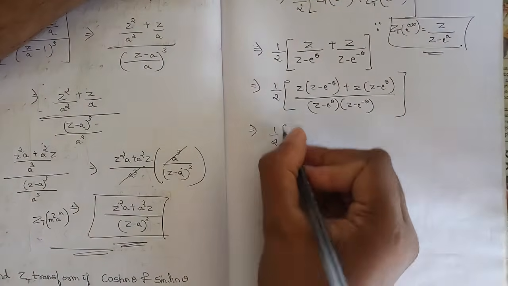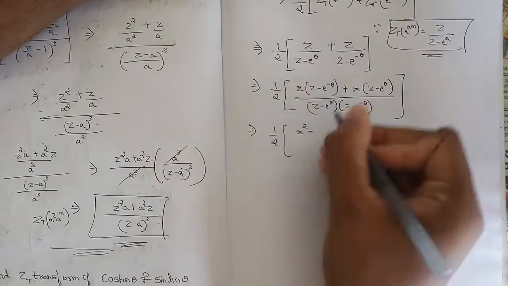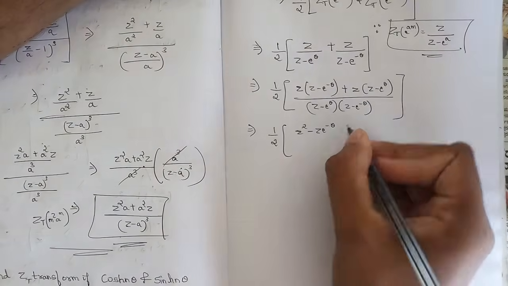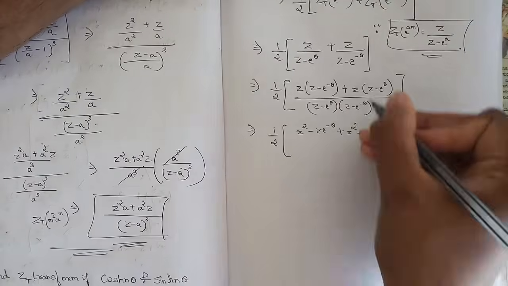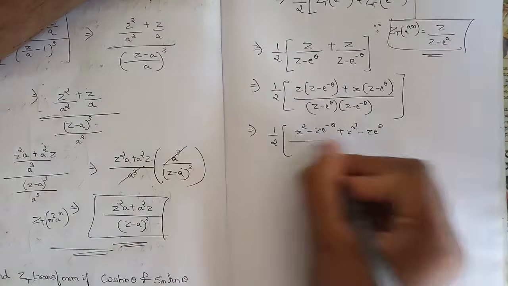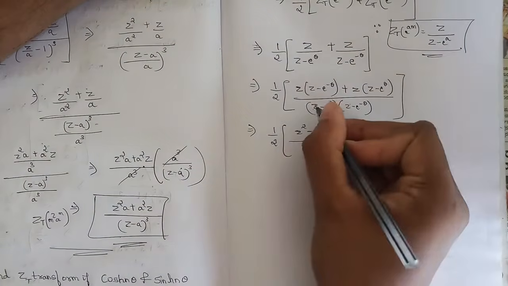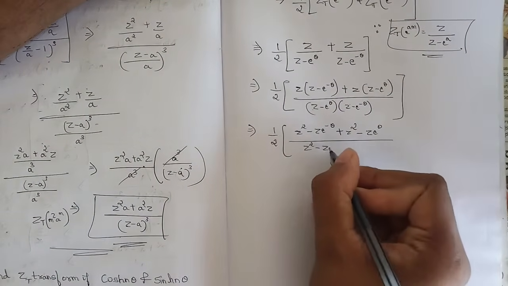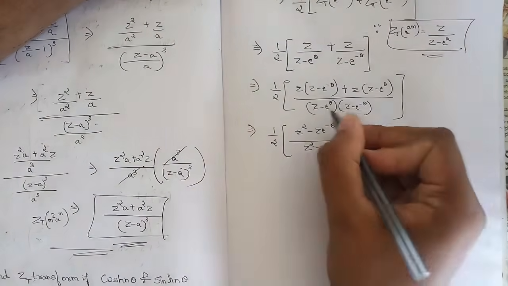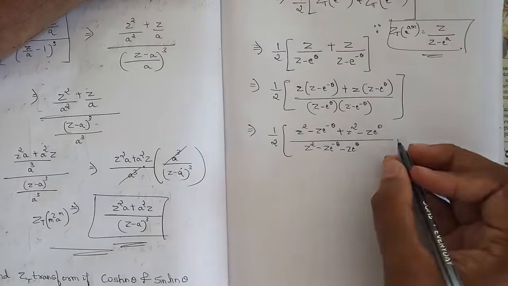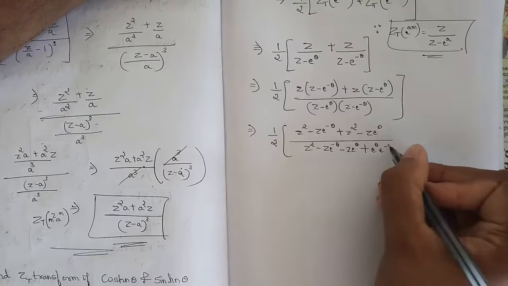So again now multiply these two terms: z into z is z square, minus z into e power minus theta, plus z into z again z square, minus z e power theta, divided by, again we need to multiply these two: z into z, z square, minus z e power minus theta, minus z into e power theta. I'm just multiplying it. Minus into minus is plus e power theta into e power minus theta.